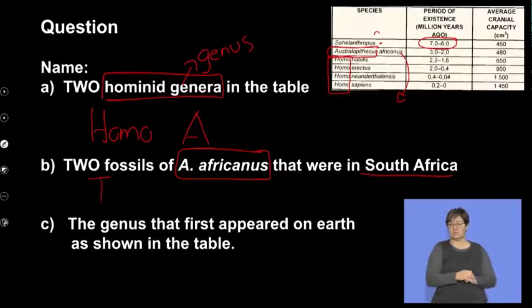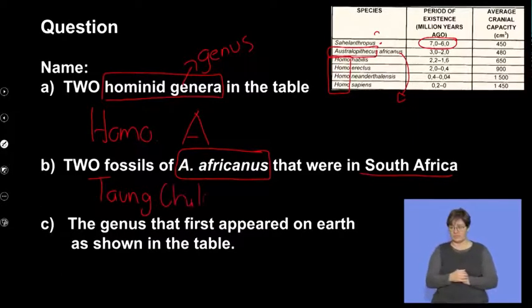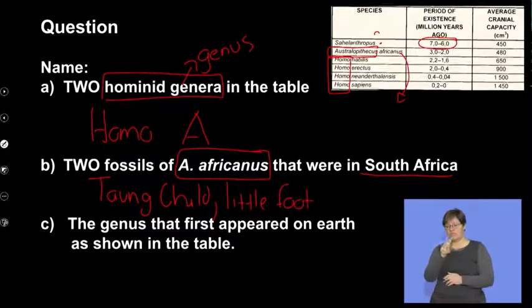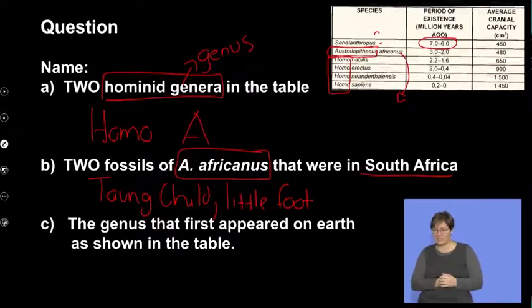They are the Taung child, Mrs Ples, and Littlefoot. Those are the ones that were found here in South Africa. There's also Lucy, but she was unfortunately found up in Ethiopia, so you cannot use her as an example. So this is your study part.